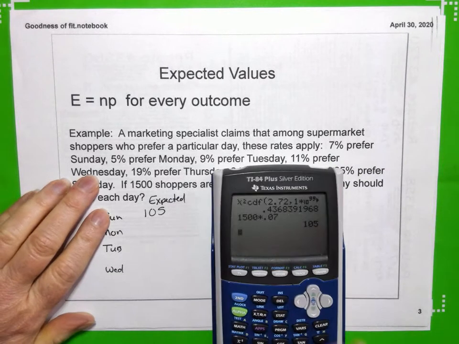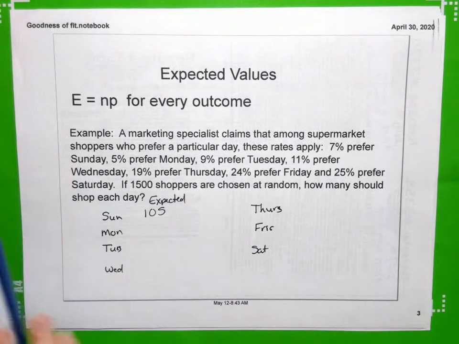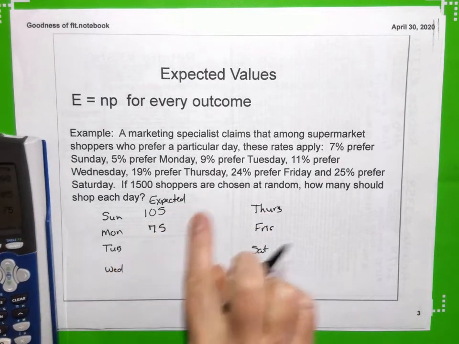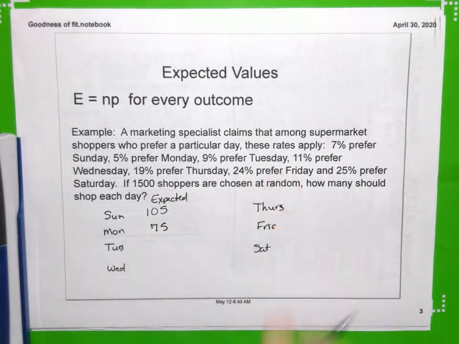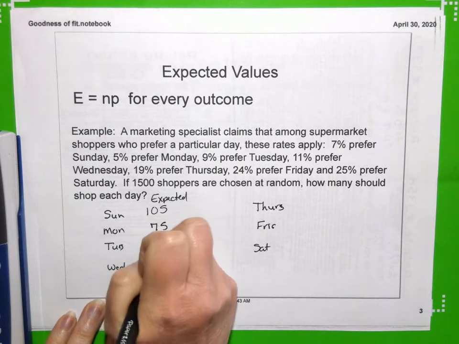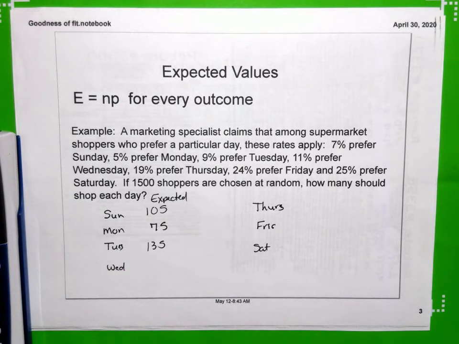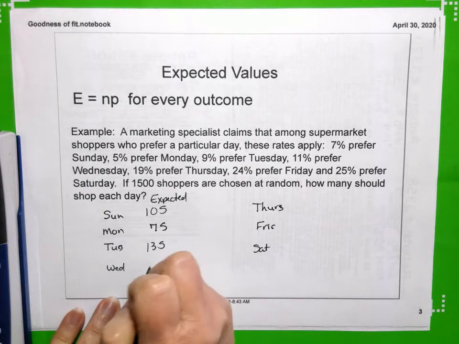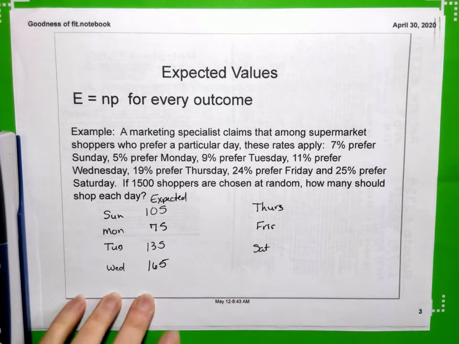On Monday, 5%, 1,500 times 0.05 is 75. 9%, so 1,500 times 0.09 is 135. 1,500 times 0.11 is 165.